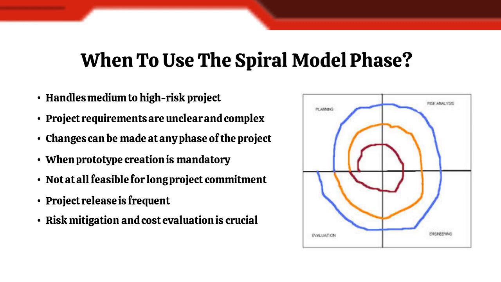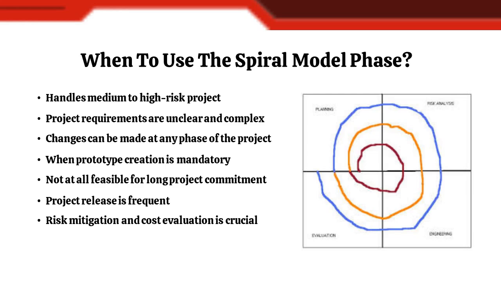It's especially useful when prototype creation is mandatory, since prototypes are built and tested at each cycle. However, it's not feasible for very long-term project commitments because cost can rise and risk analysis takes time. The model is great when project releases are frequent and the client needs continuous updates.